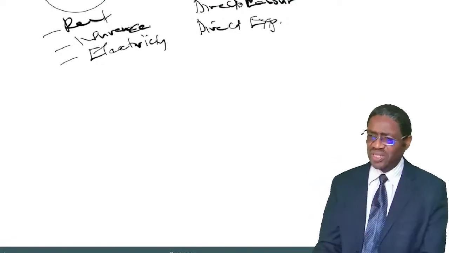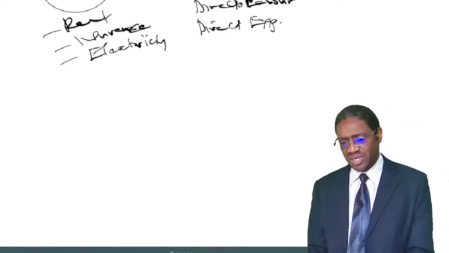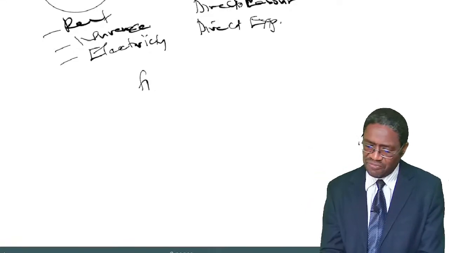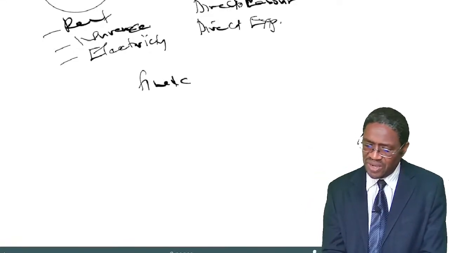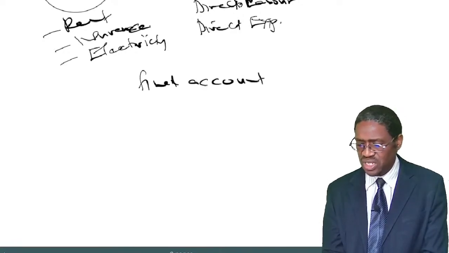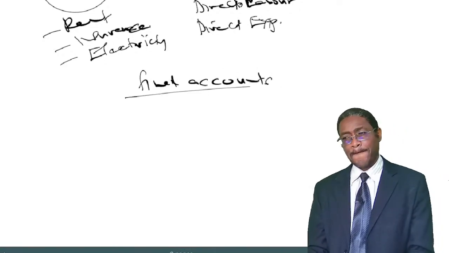Before we put down the notes, I want to go further and look at what are the final accounts that a manufacturer would normally keep. Final accounts of a manufacturer.